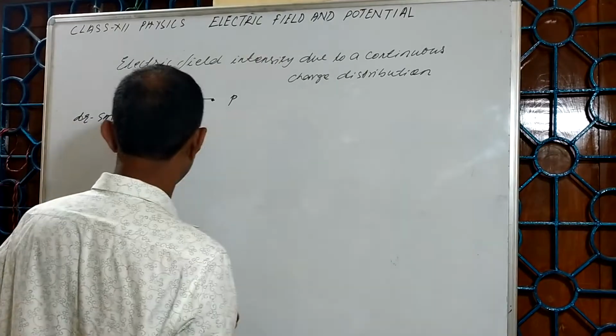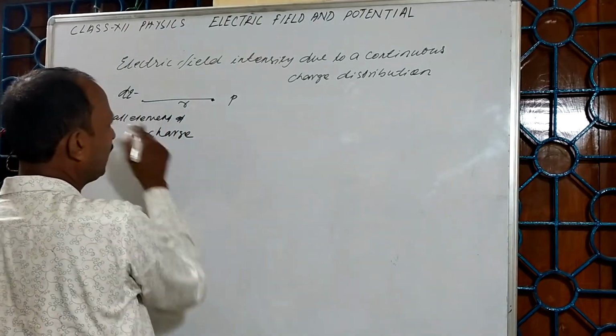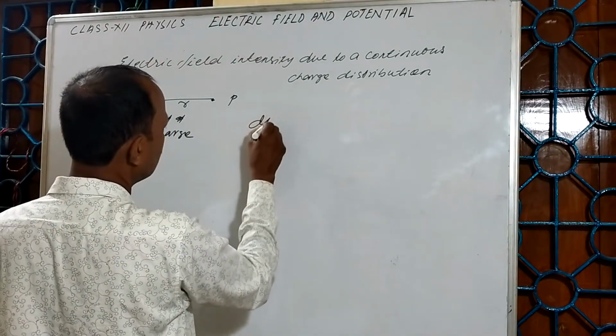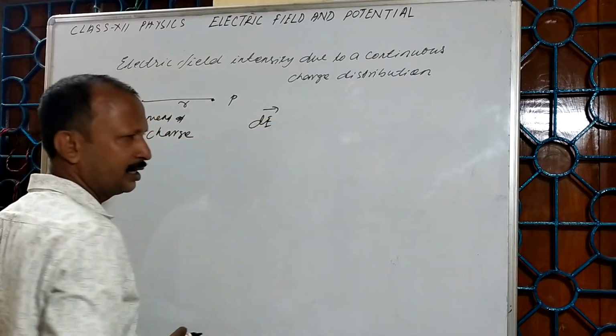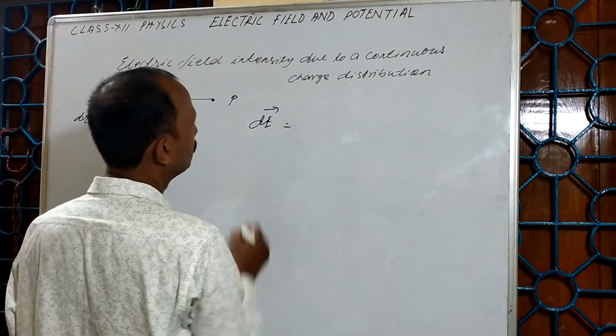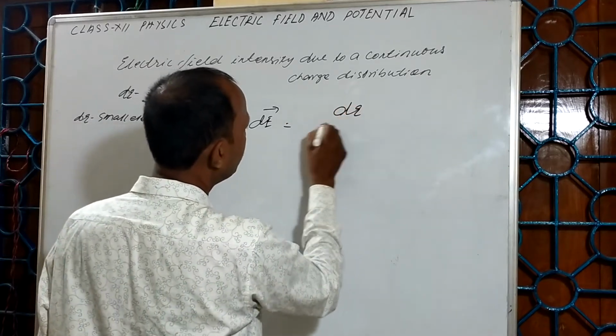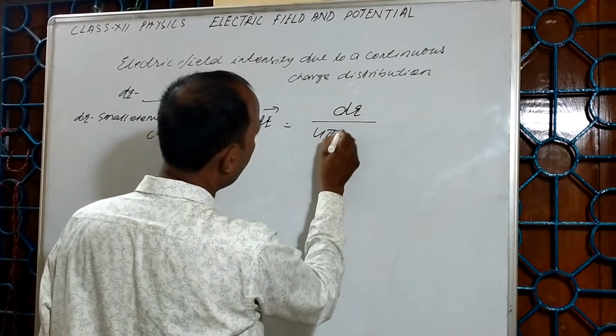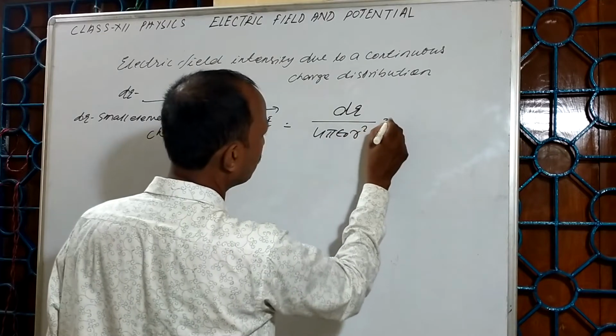Then I can say that due to the small element of charge, the electric field intensity, which will be very small, dE is equal to dq upon 4 pi epsilon naught r square.